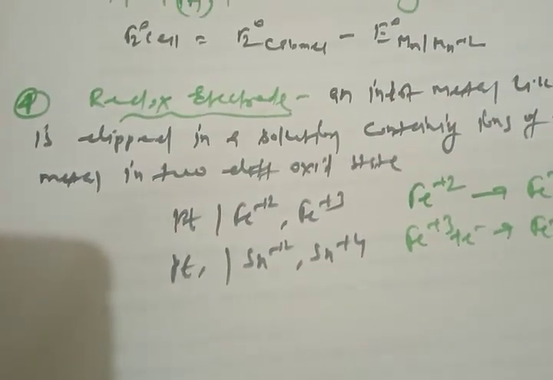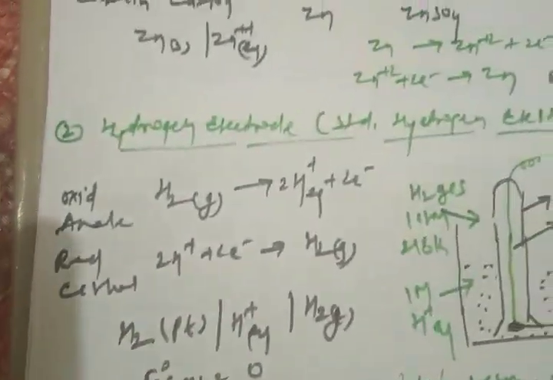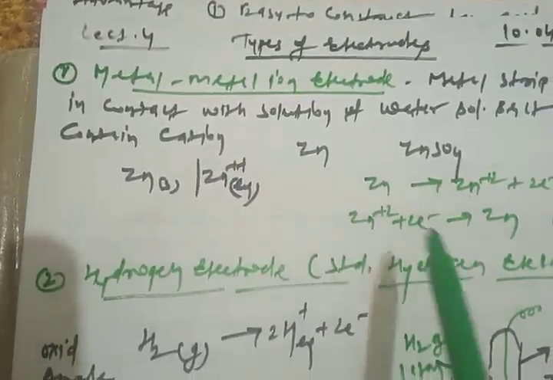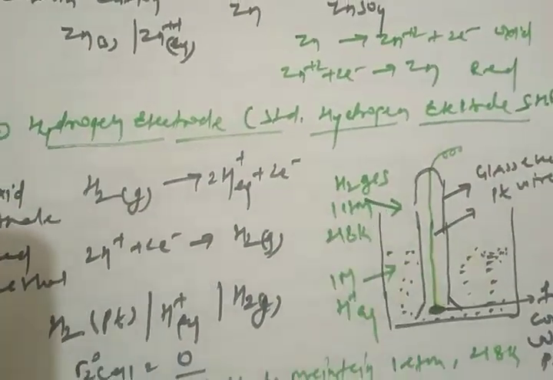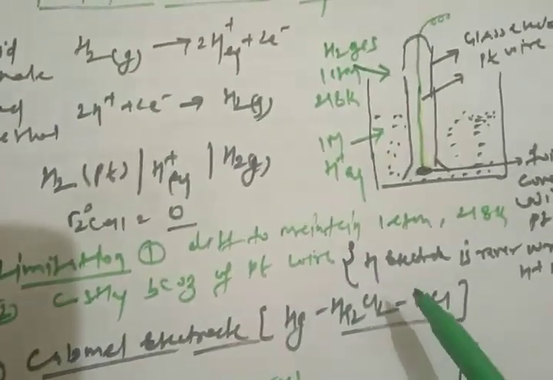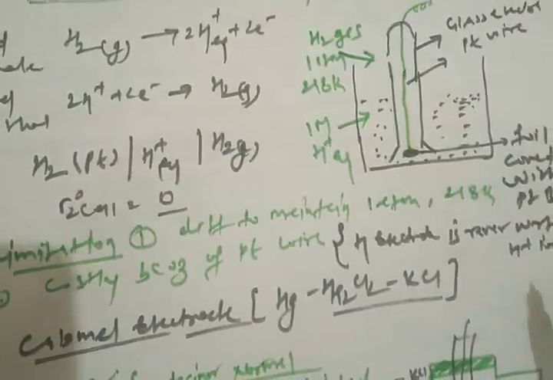So in this particular lecture we have discussed four different types of electrodes. First was the metal ion electrode, very simple. Then the hydrogen electrode, which is also called the standard hydrogen electrode, which has some limitations also. Here the hydrogen electrode is reversible with respect to H plus ion.